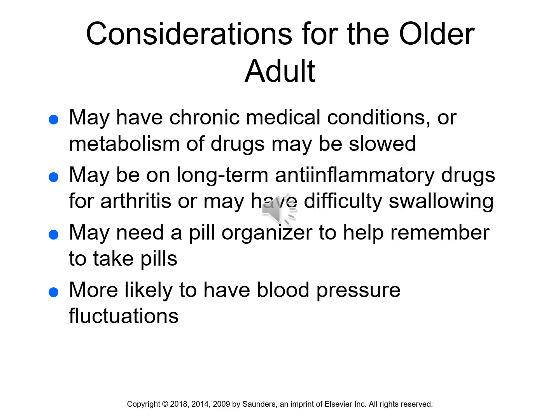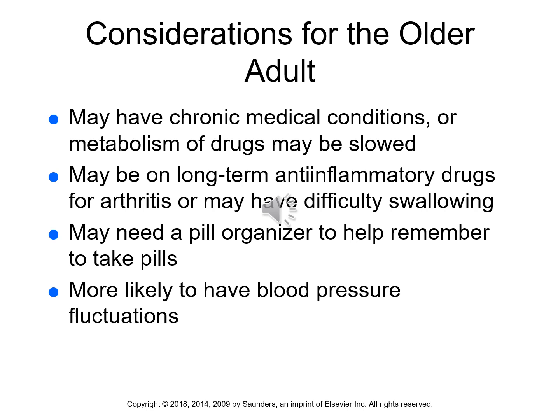So, considerations for our older adults when we're looking at administering medications. As I previously stated, older adults may not be able to take as much medication as someone else because it may be more concentrated in their system for a variety of reasons. They lose weight or lose body mass as they get older. They also tend to lose fluid.